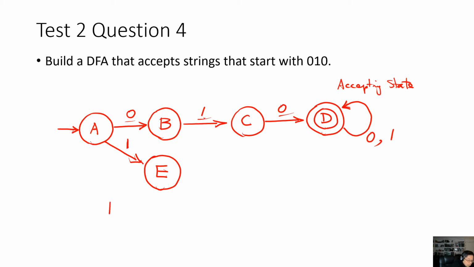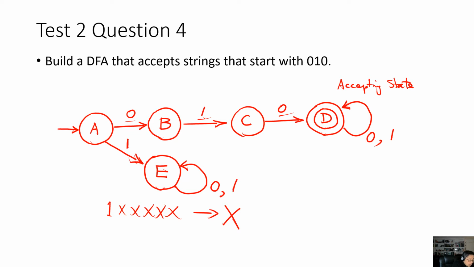If a string starts with 1, there's no way this string is going to start with 0, 1, 0, no matter what the follow-up values are. So we're never going to be able to accept that string, right? Once we have input 1, we end up with state E, and no matter what the next input value is, whether it's 1 or 0, we still land in state E.